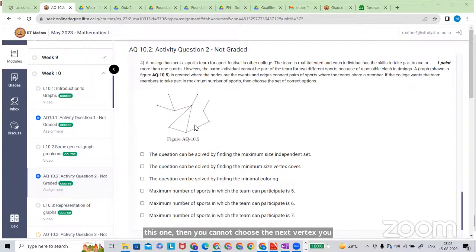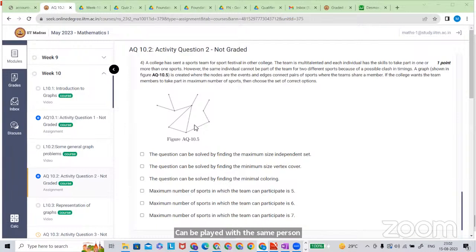Because of clashing timing, you have to choose such that no difficulty happens, and we have to maximize that. If there is an edge, then clashing of time will create a problem. So we have to choose so that there is no clashing and the maximum sharing of members is possible. If it is this one, then this sport can be played with the same person.